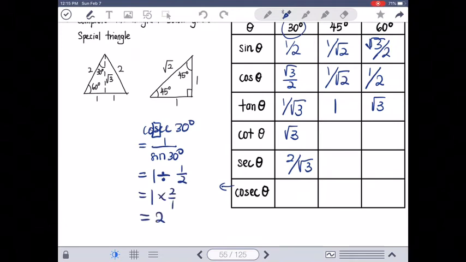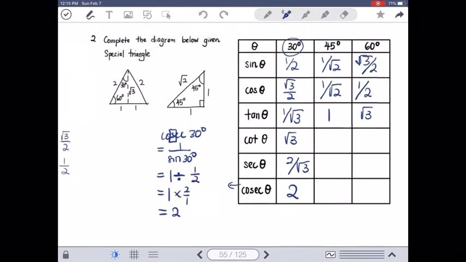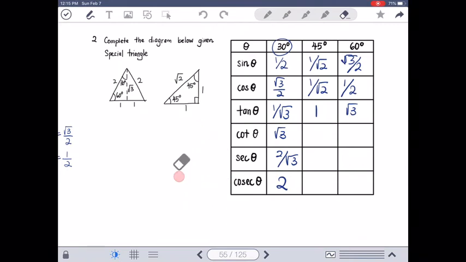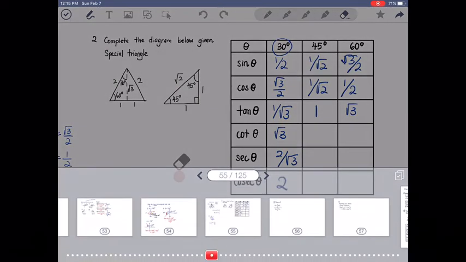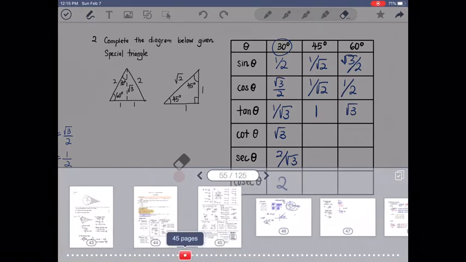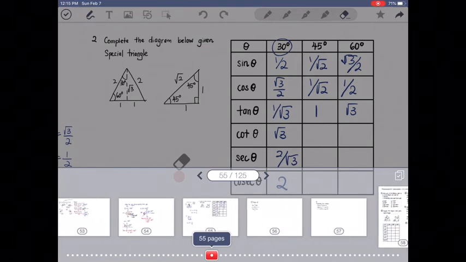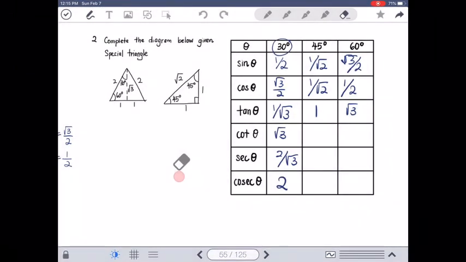So 1 times 2 over 1, this is just 2. And the similar process goes for the other angles. The final answer for that one, we can easily find manually.